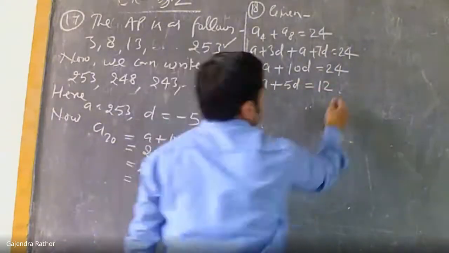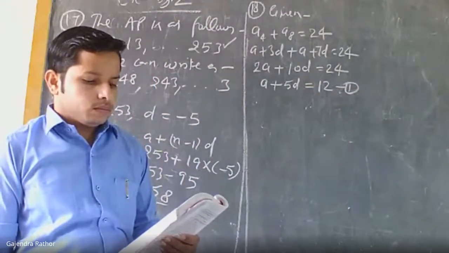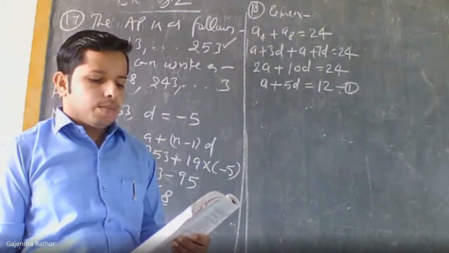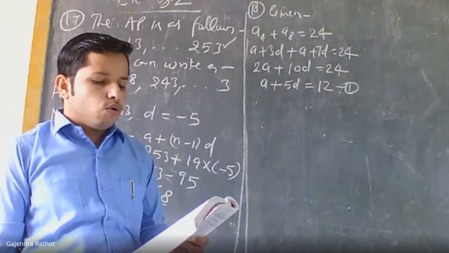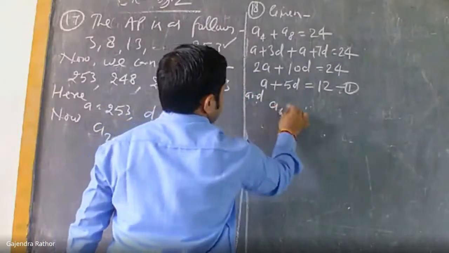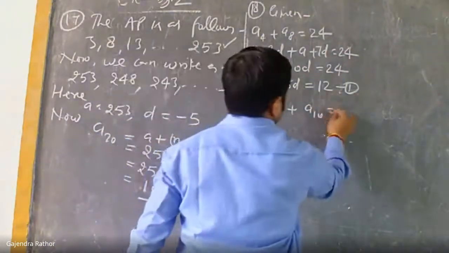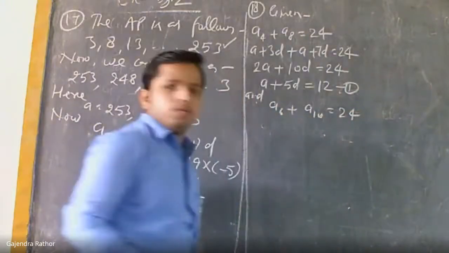Equation number 1. Also given, the sum of A6 plus A10 is equal to 44.